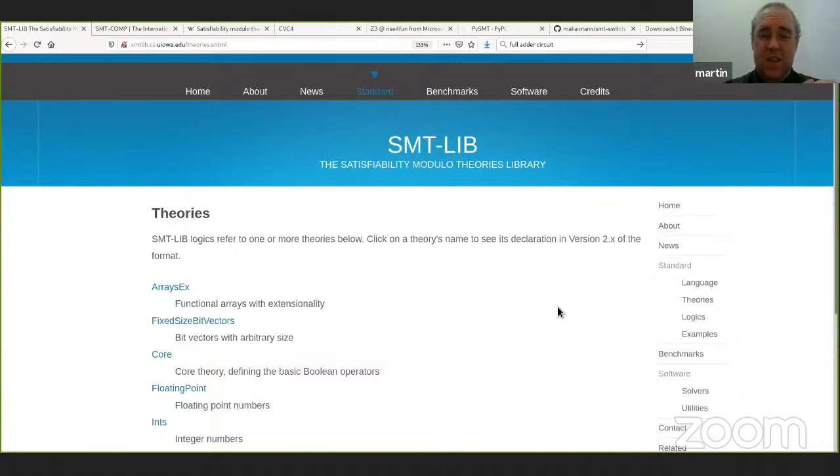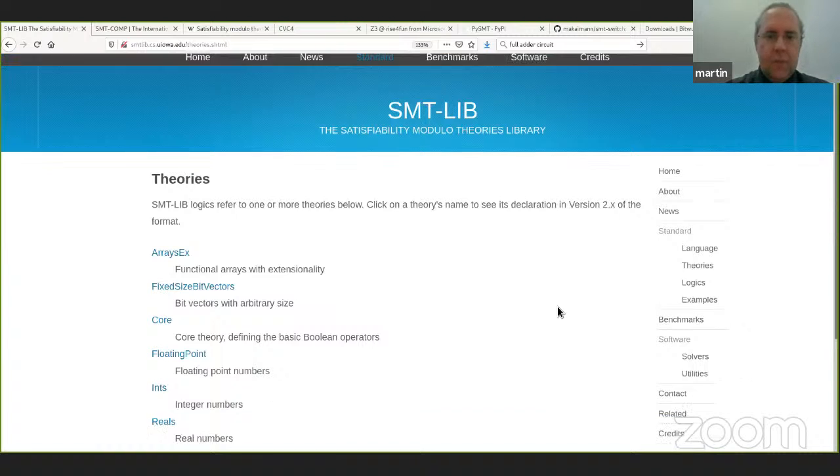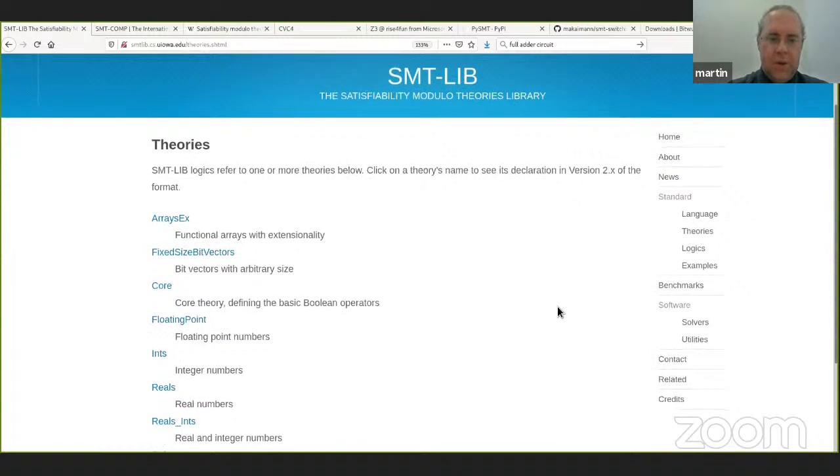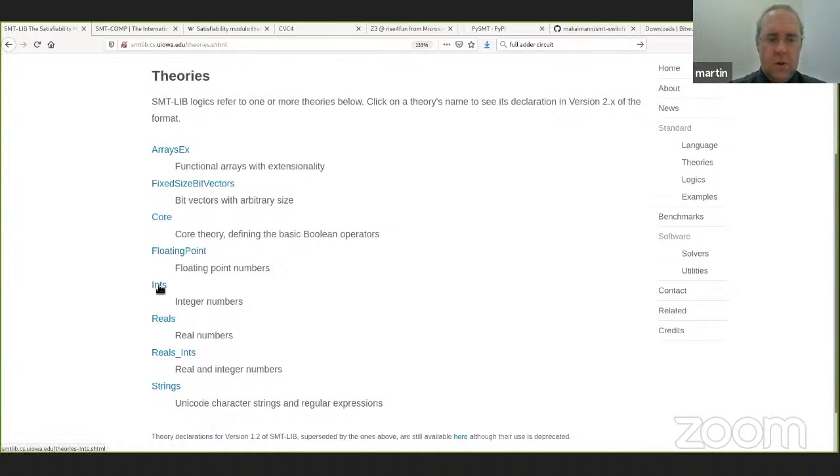So it gives us a signature. It says, okay, you can use plus as a symbol, you can use less than as a symbol. And it also then gives what the semantics are. Each of these documents gives us one of these theories, one of these fixed interpretations.